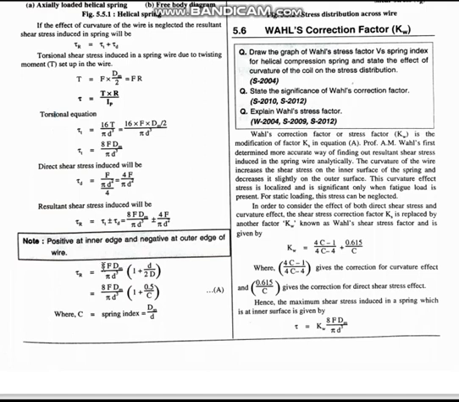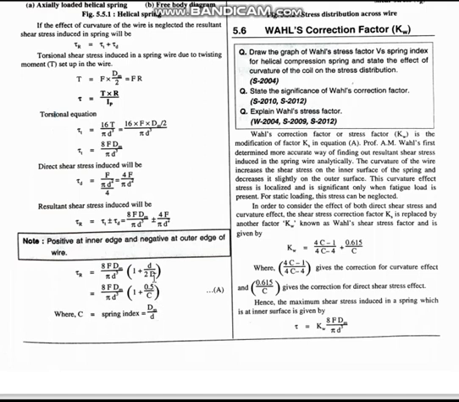Now from this, 8F dm upon pi d cube you can take out, and what is remaining is 1 plus small d upon 2 capital D. Small d upon capital D: there is something called the spring index. Spring index is capital dm by small d.